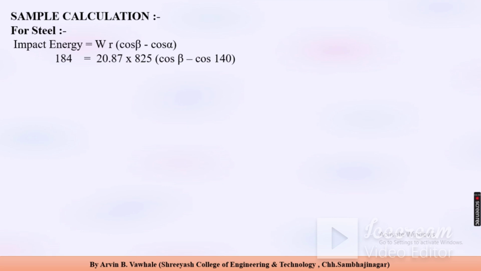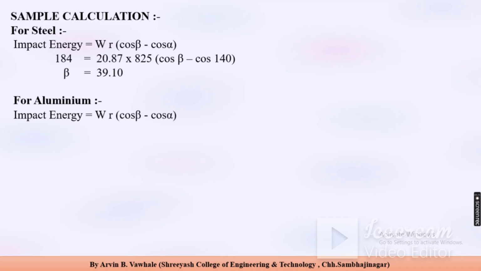Sample calculation. For steel, impact energy equals WR (cos beta minus cos alpha): 184 equals 20.87 into 0.825 into (cos beta minus cos 140). After calculating, we get beta equal to 39.1 degrees. For aluminium, impact energy equals WR (cos beta minus cos alpha): 56 equals 20.87 into 0.825 into (cos beta minus cos 140).